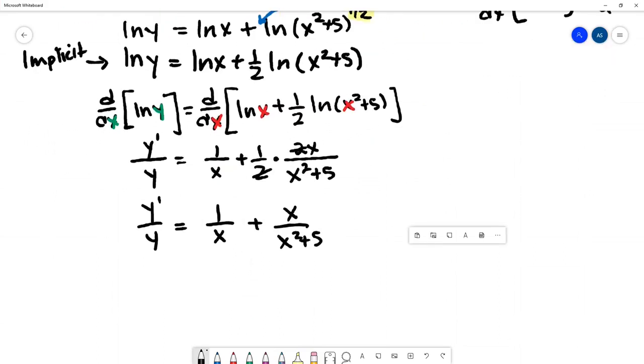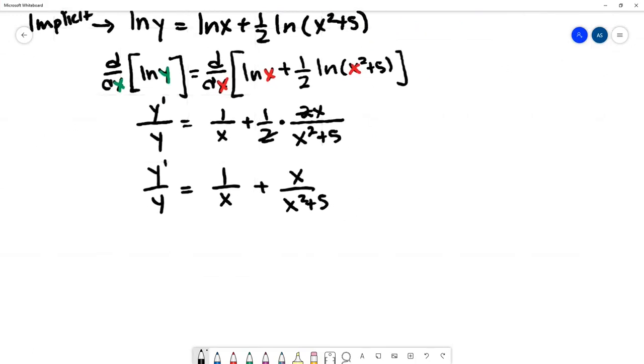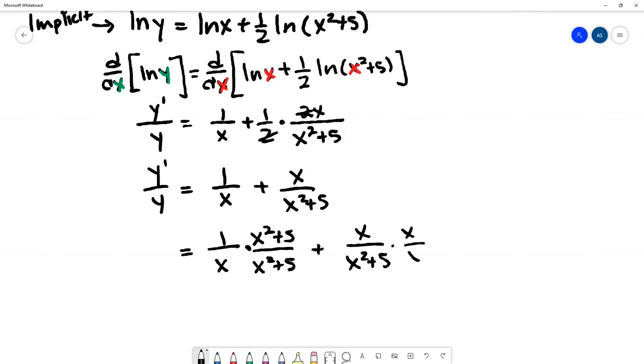On the right-hand side, I'm going to combine these fractions into one fraction by getting a common denominator. The first term, I'll multiply by x squared plus 5 over x squared plus 5. The second term, I'll multiply by x over x. This will give me the common denominator of x times x squared plus 5.